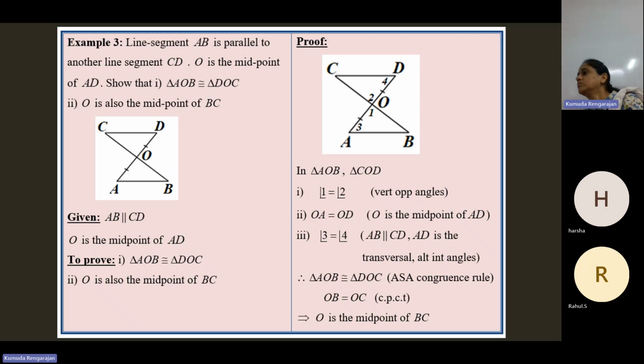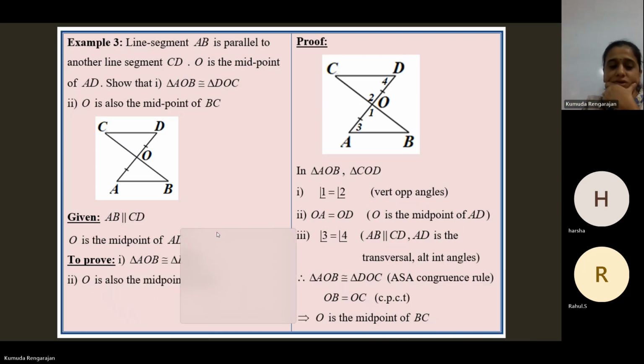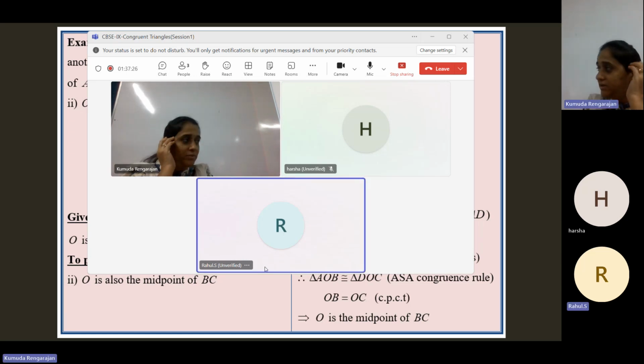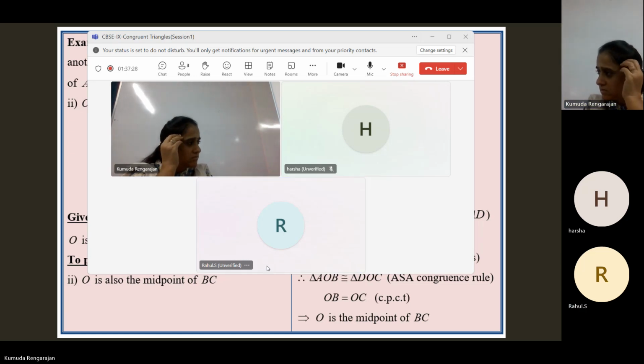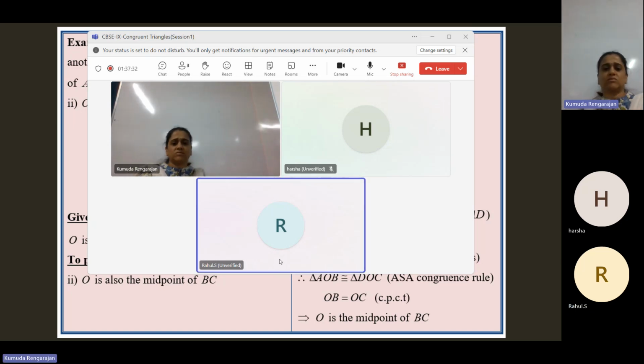Started. For you? Finished. Rahul, is this chapter done in school for you? Yes, ma'am, completed. And what about for Harsha? Harsha is 6.